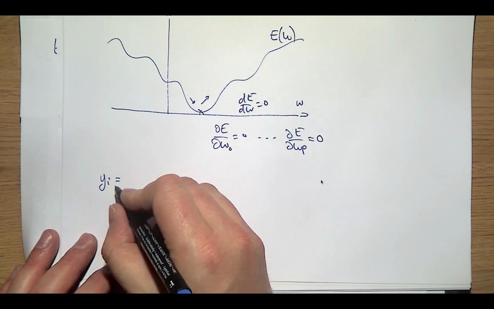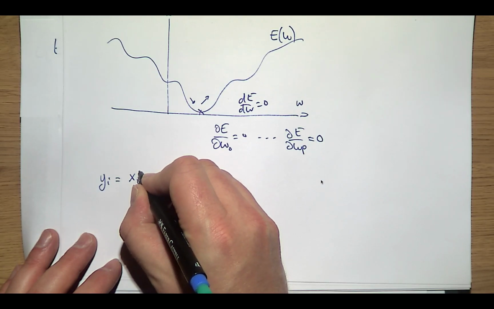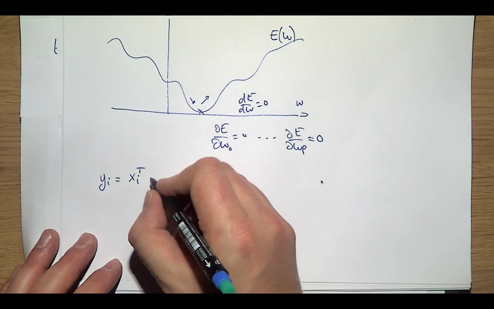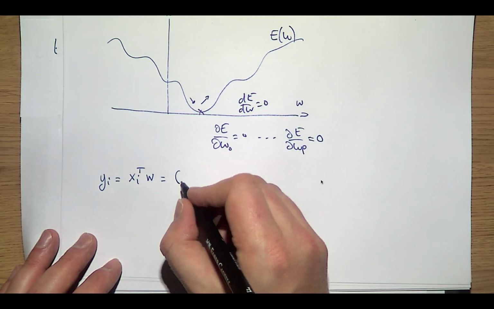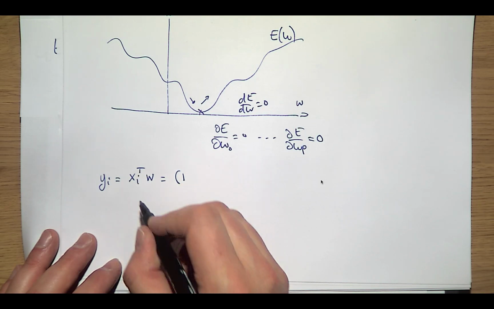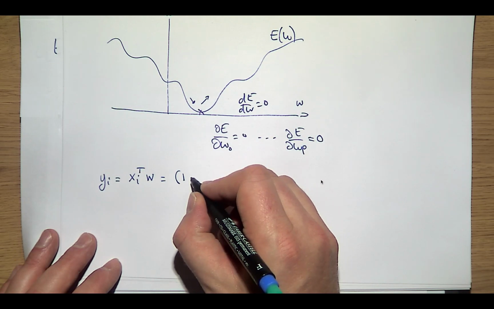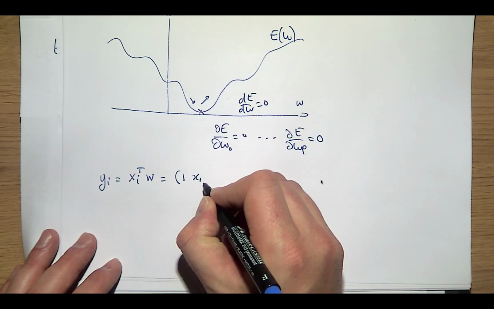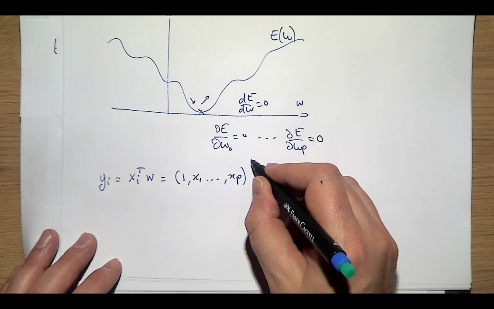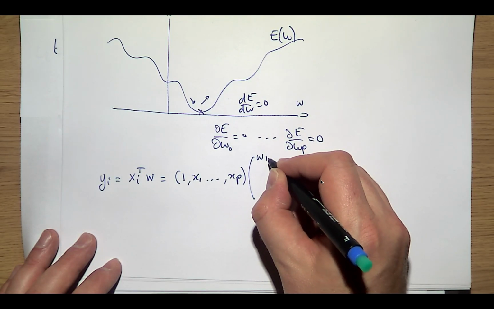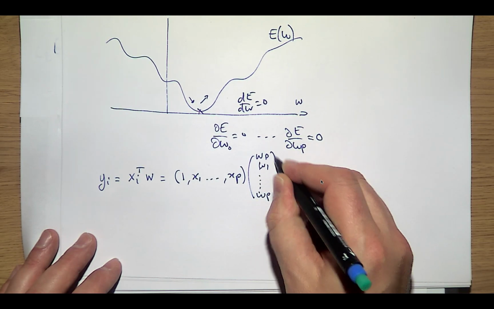The outcome for the i-th observation is this feature vector times W. If I expand it, with the transpose operation, this would be a horizontal vector: 1, x1, up to xp, and W would be W0, W1, up to WP.